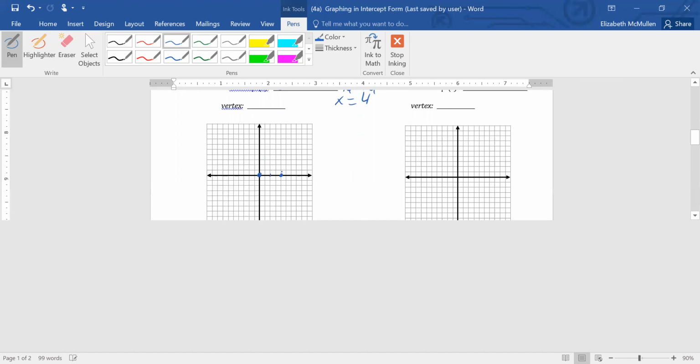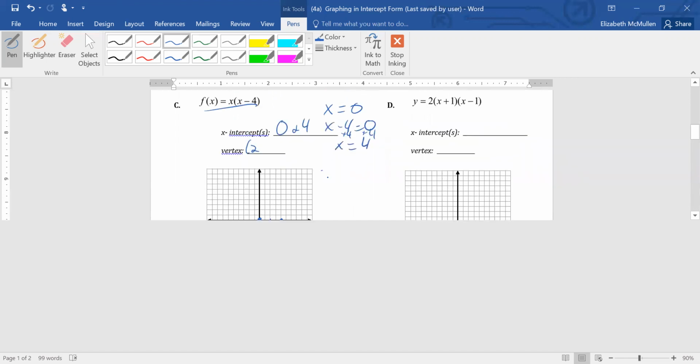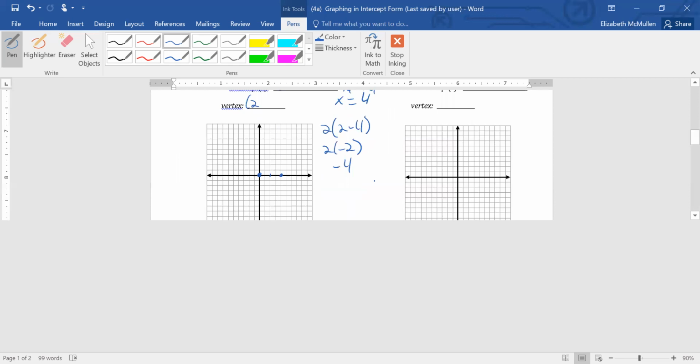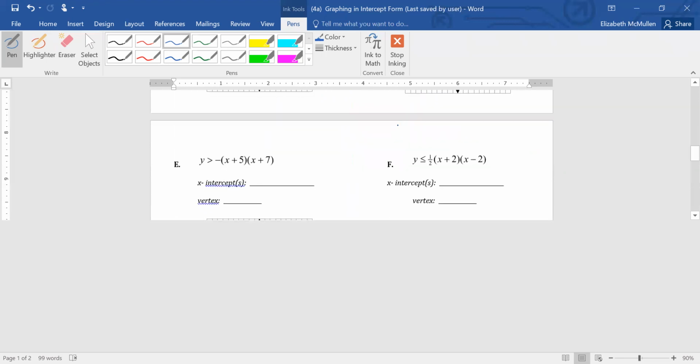Halfway in between there is going to be 2. So plug that in. 2 times 2 minus 4. 2 minus 4 is negative 2. 2 times negative 2 is negative 4. So negative 1, 2, 3, 4. Draw my parabola. Are y'all getting this? It really is just as easy as it seems.